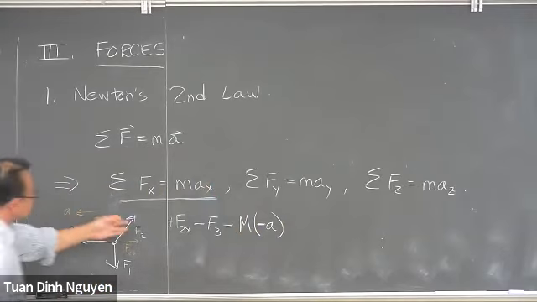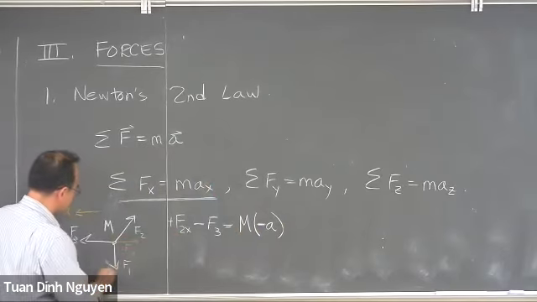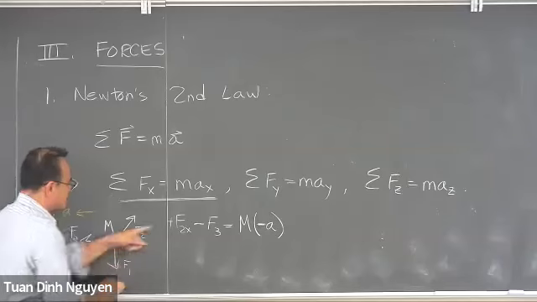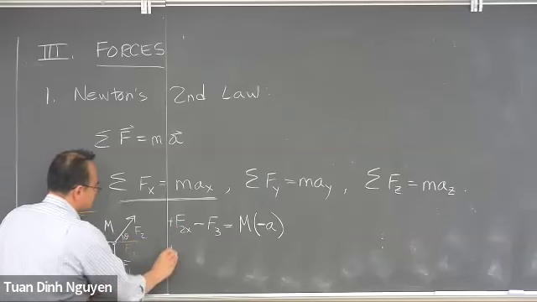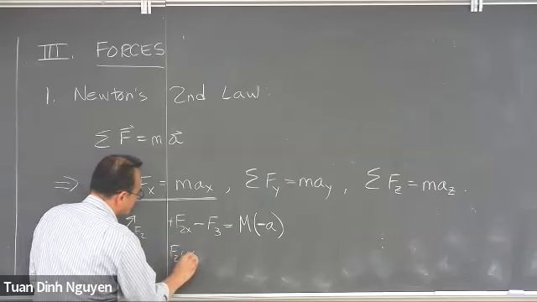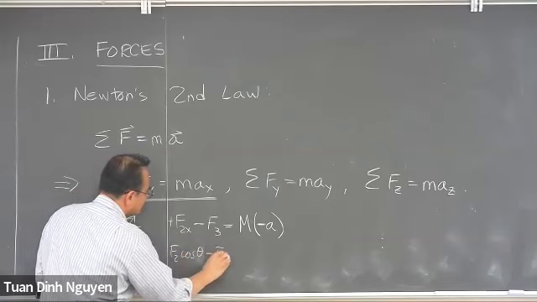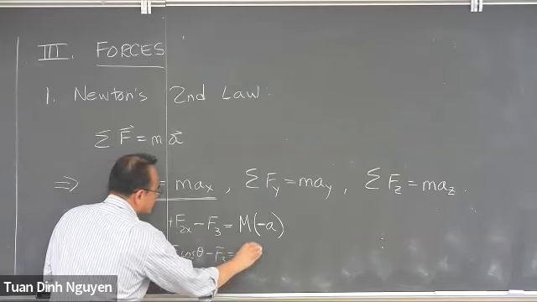And then the next line is when you figure out what F2x is. So this was the theta, and the next line would be F2 cosine theta minus F3 equals minus M a.